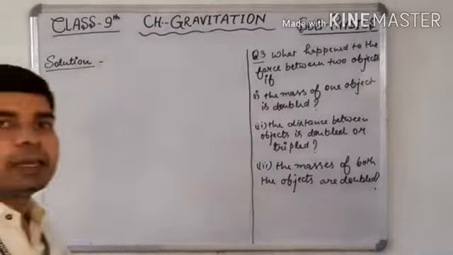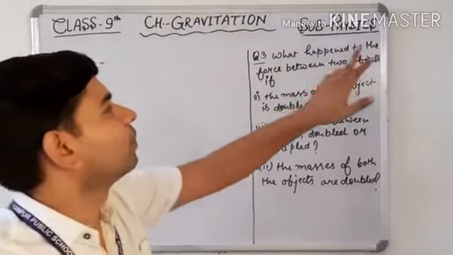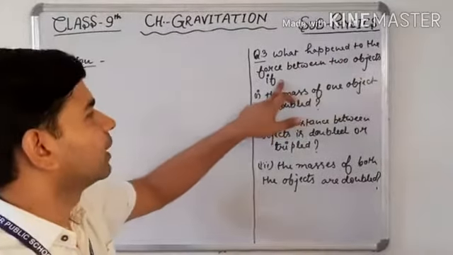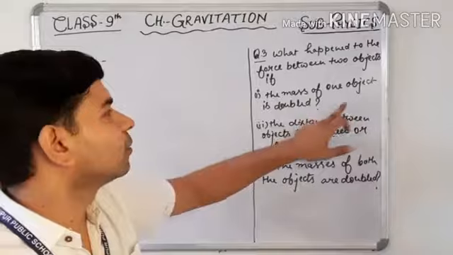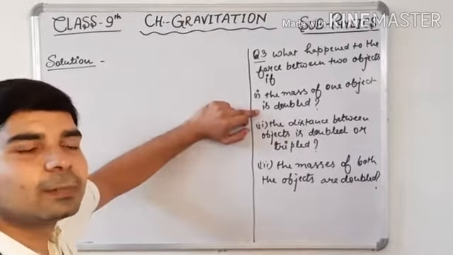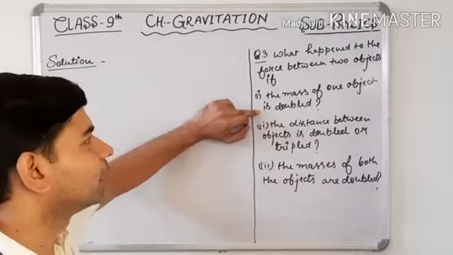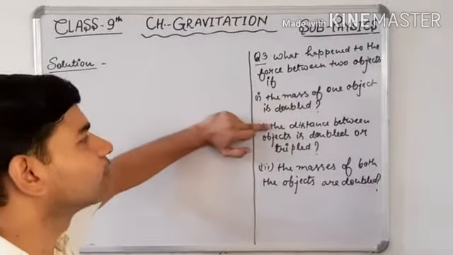Now see another question. The question is, what happens to the force between two objects if the mass of one object is doubled? If we increase the mass of one object 2 times, then what will be the effect on the force?